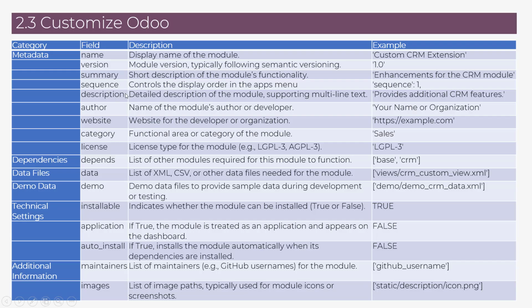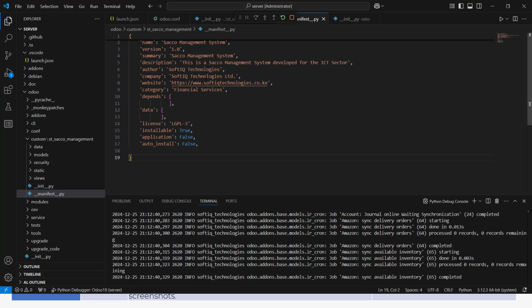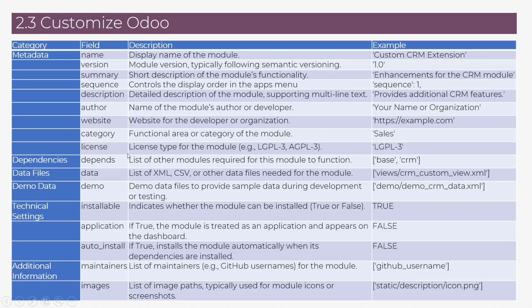And then we can capture the description, a detailed description of the module supporting multi-line text. You can capture the author, the name of the module's author or developer, website, category. Category is basically the functional area or category of the module. For our case, we have said that it's in the financial services.